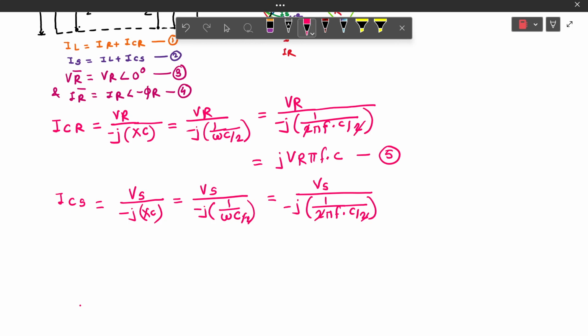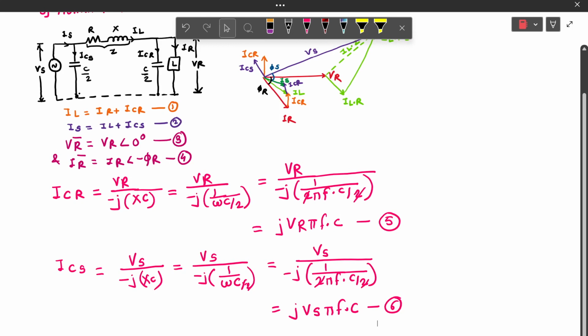This gets cancelled. So it becomes j Vs pi f c. Equation number 6. From equation 5 and 6 we can calculate the current through the capacitances at sending end and receiving end side.